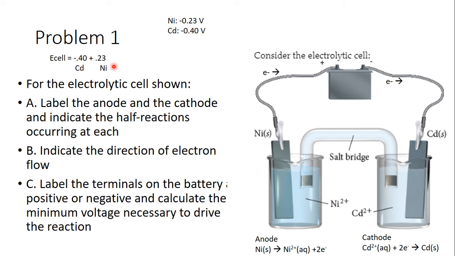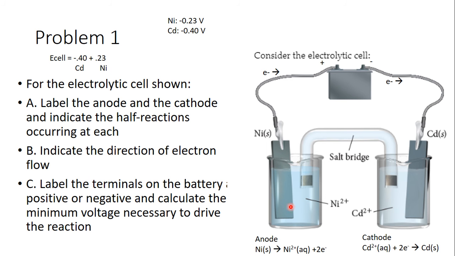And we want the non-spontaneous reaction because we're going to use a battery to drive that reaction forward. So here at the anode we have nickel, and at the cathode we have cadmium based on this equation. So our nickel is being oxidized and our cadmium is being reduced.